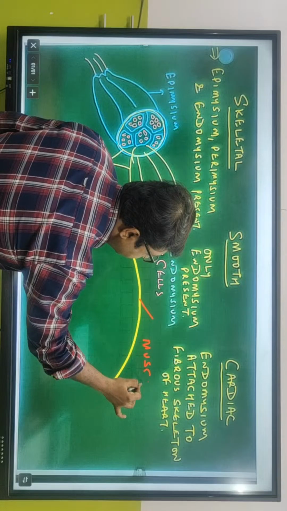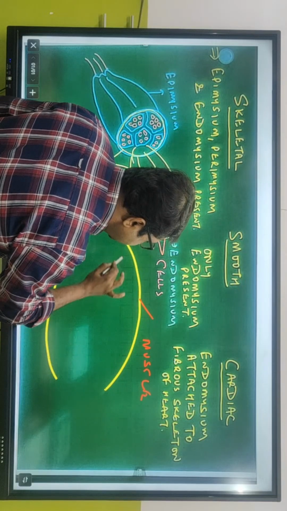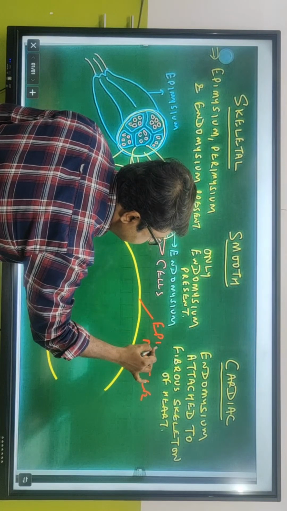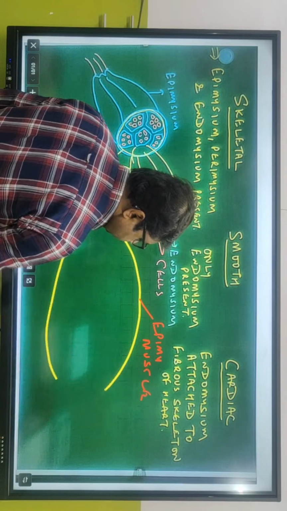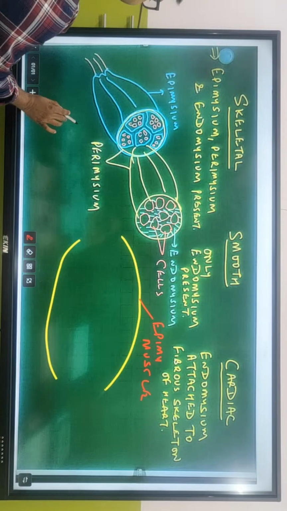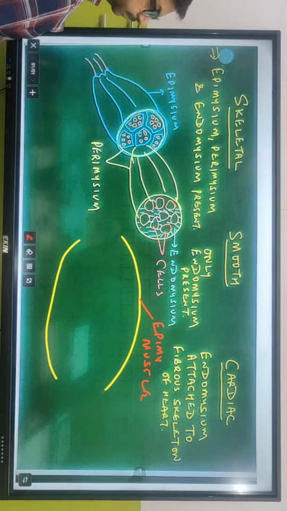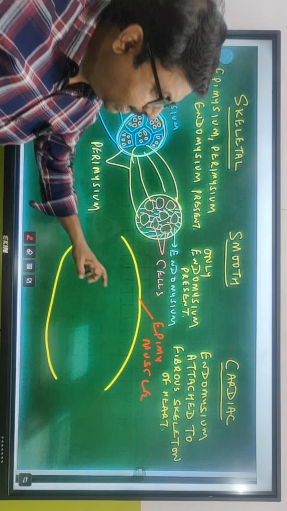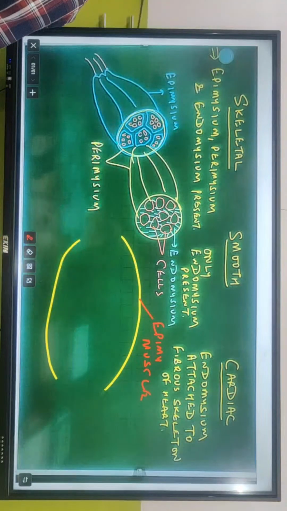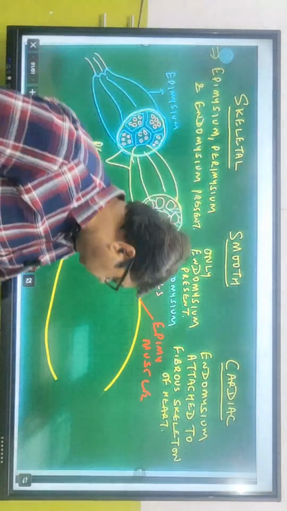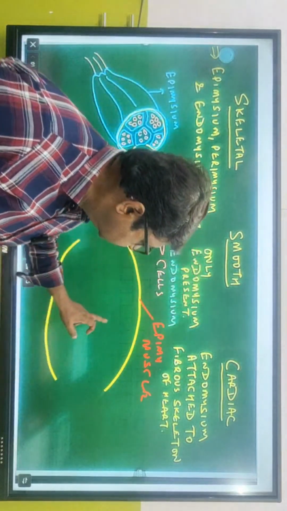The external part of this muscle is called epimysium. क्या कहते हैं इसको? Epimysium. It's called epimysium. हो गया. चलो.